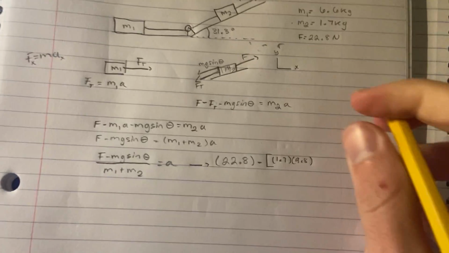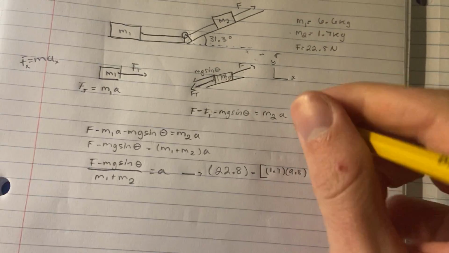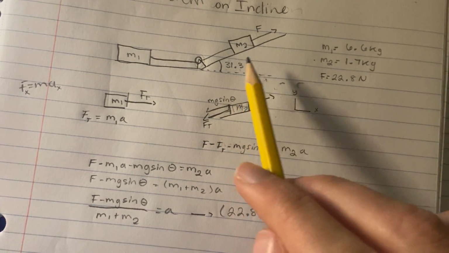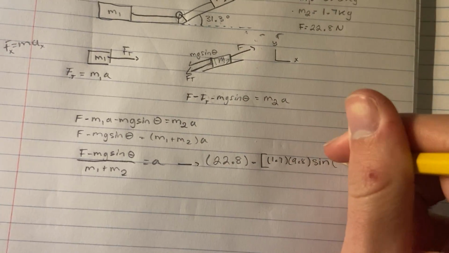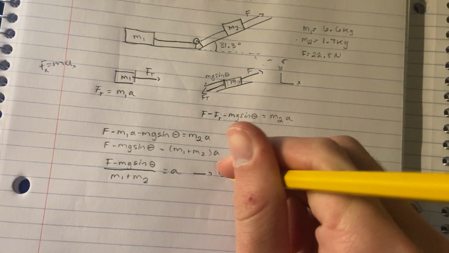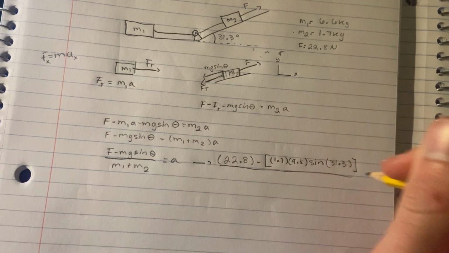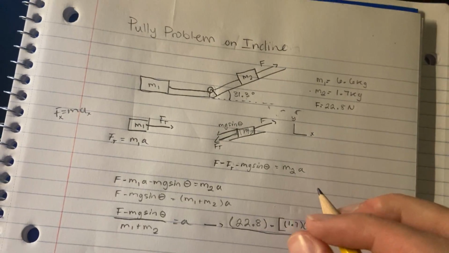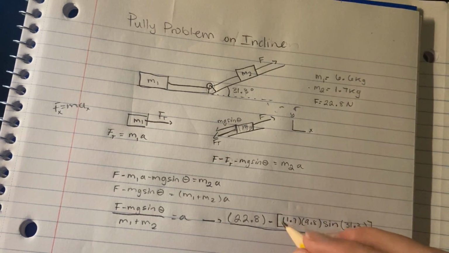You can do 9.81 if you'd like, it doesn't really matter. Times the sine of the angle, which is 31.3 degrees. I'm going to put all that over m1 plus m2.